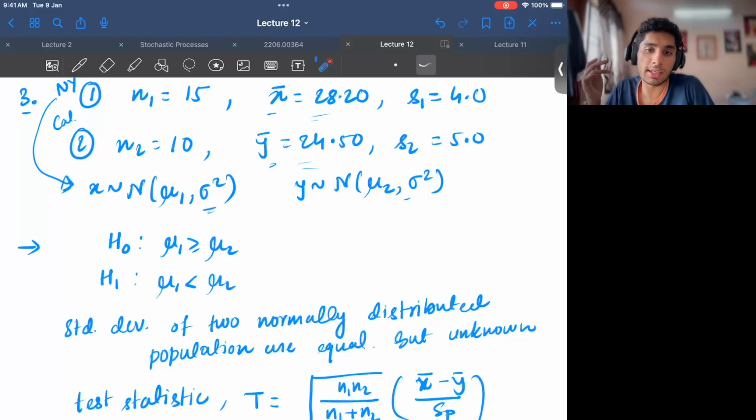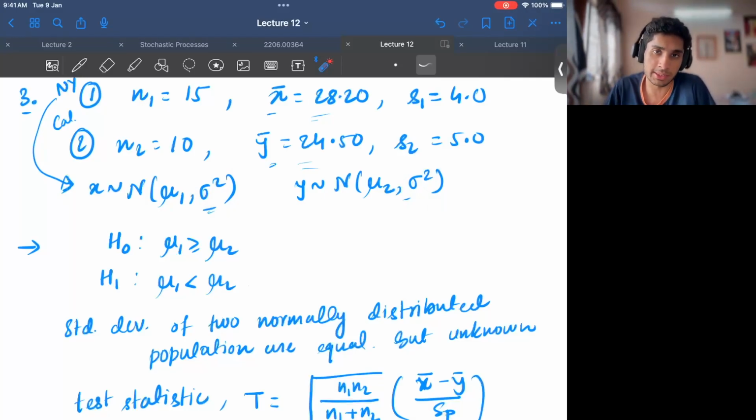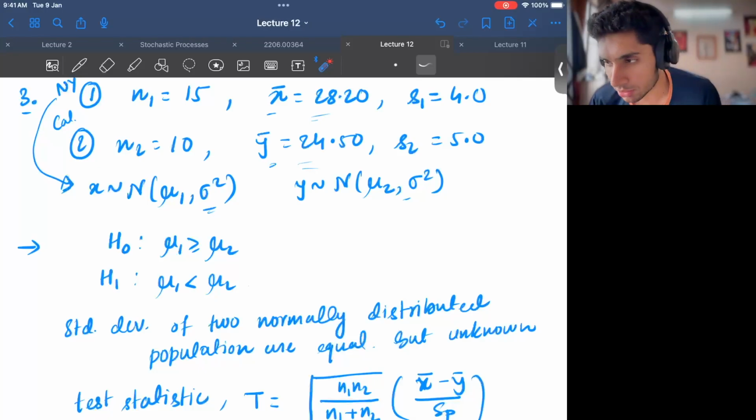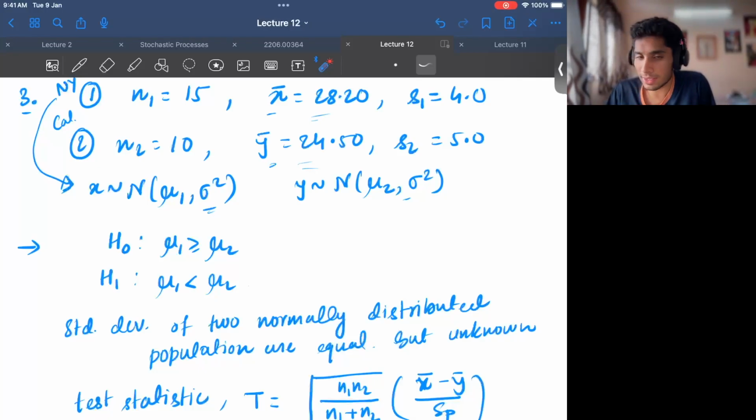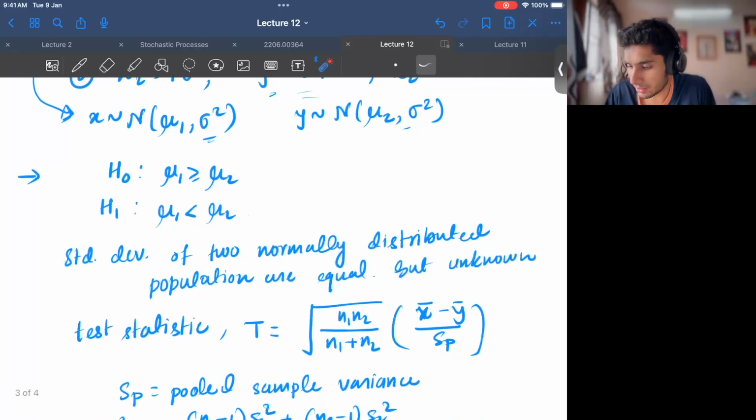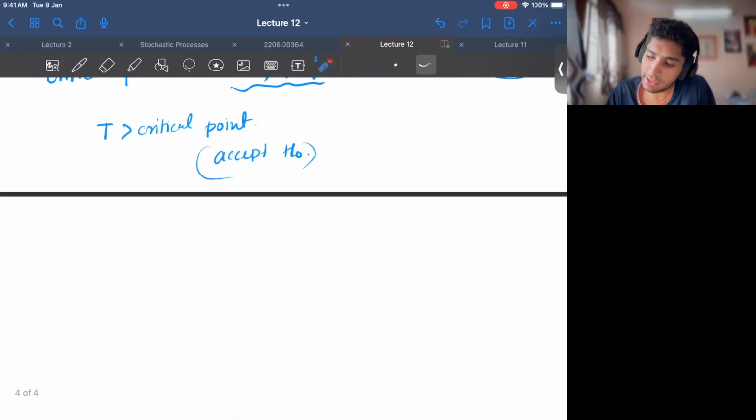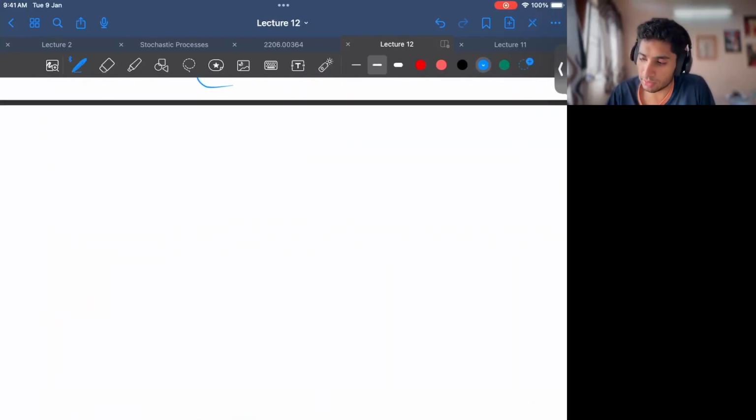What if the population variance is also different? This will be the next twist that will come. In hypothesis testing, all you need to do is remember the different variants. If you remember the different variants and the formulas, you can easily solve the problems. So what is the fourth question?